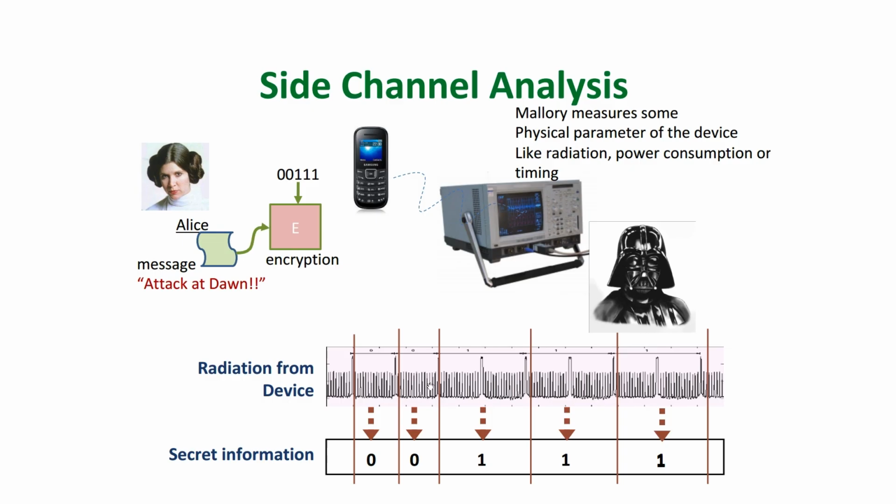What we see here is that the radiation differs depending on what bit of the secret key is being executed. If you look at this part of the waveform and compare it with this part, the glitches are very thin here, while here we have longer glitches.